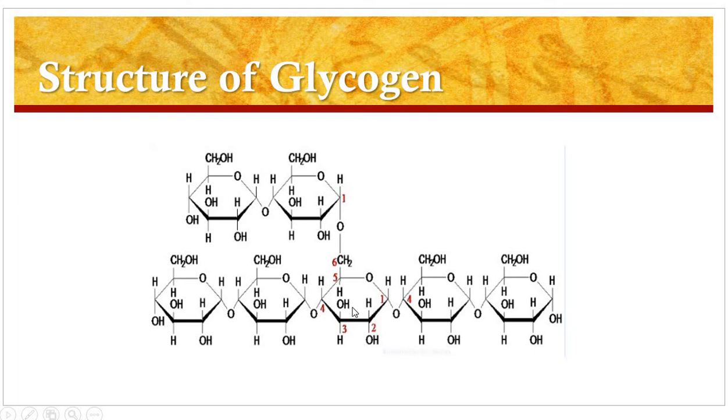So this is the branching in which the first carbon of this glucose is linked to the sixth carbon of this glucose. So it is known as 1,6 linkage at the branching. So this is the structure of a glycogen molecule.